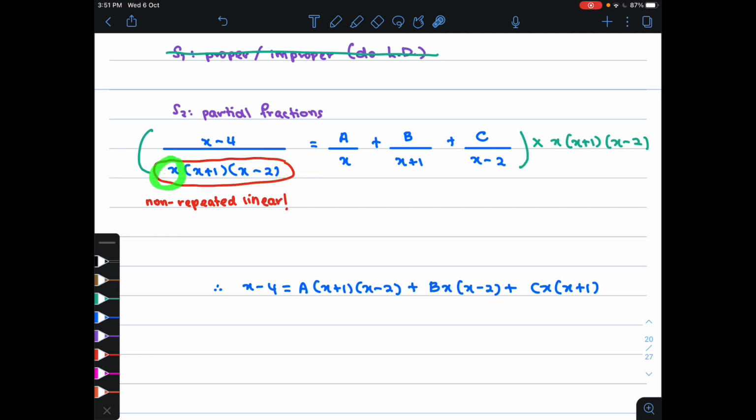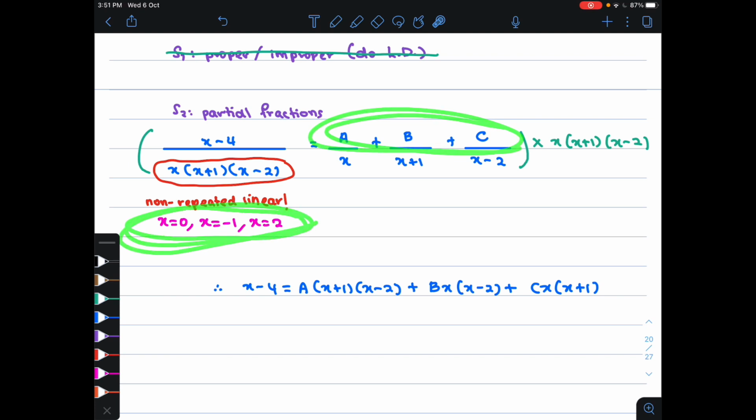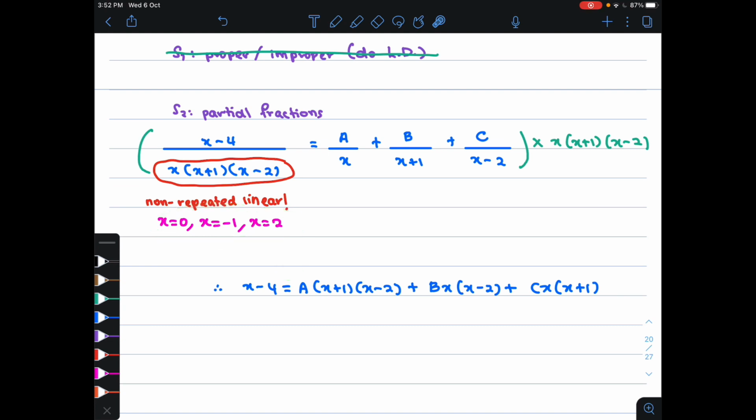That gives x equal to 0, x equal to negative 1, and x equal to 2. So we have three unknowns and three values of x. Substitute all these three values into your equation.